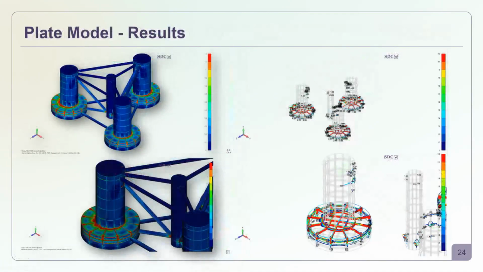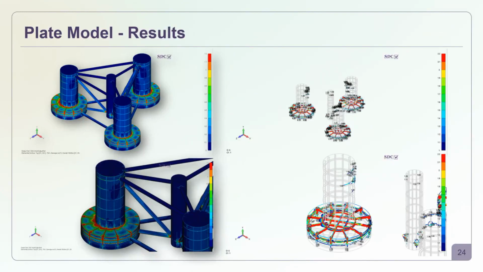Let's check the plate model, and as you can already see, it is significantly worse. But that doesn't mean it's worse. Of course the outcome is worse, but it is way more detailed and way more realistic, since we represent the actual structure as it is in real life.